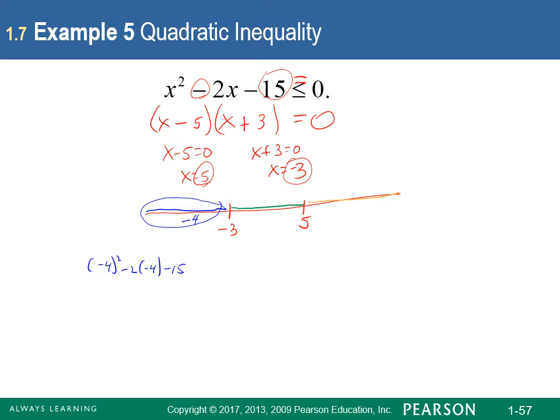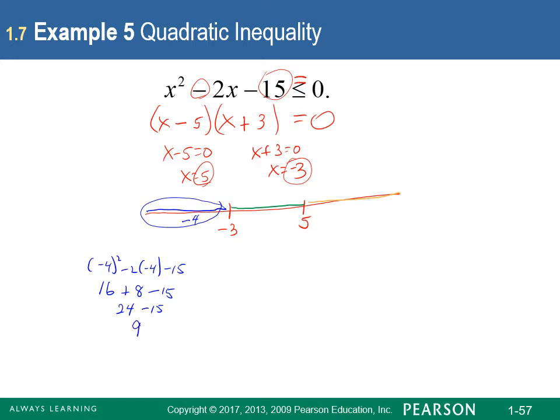Negative 4 squared is positive 16. Negative 2 times negative 4 is positive 8. 16 plus 8 is 24. And 24 minus 15 is 9.